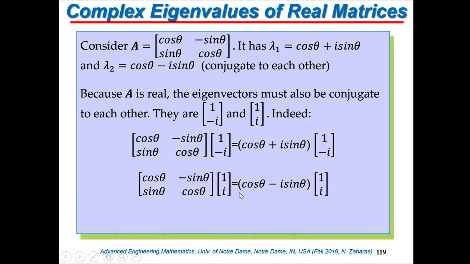Here, this is the eigenvalue lambda, and here is lambda bar, that's the conjugate of lambda, and that's the conjugate of this eigenvector. Okay. So again, this is a rotation matrix, a simple example to show that eigenvalues and eigenvectors come in conjugate pairs.